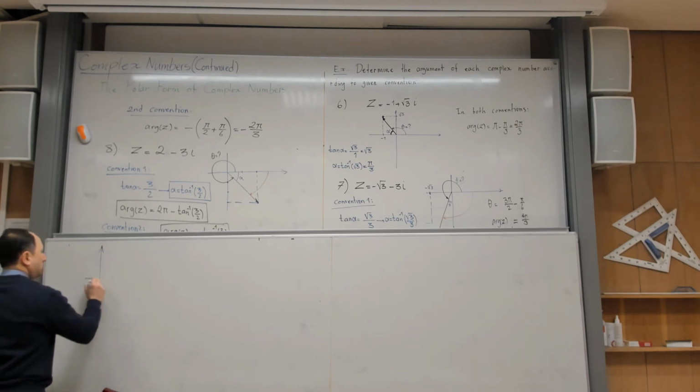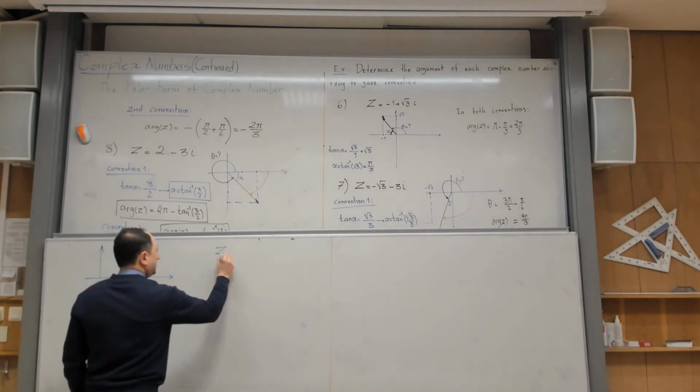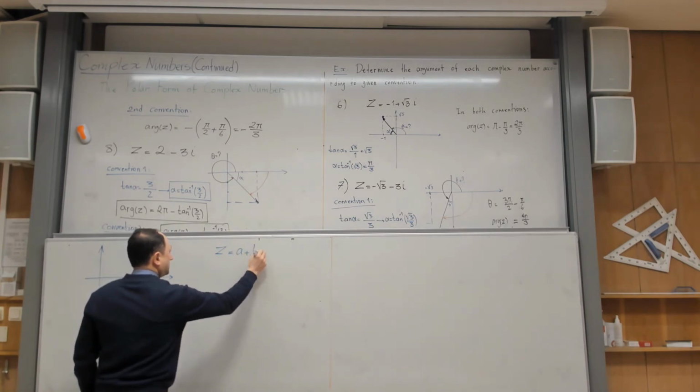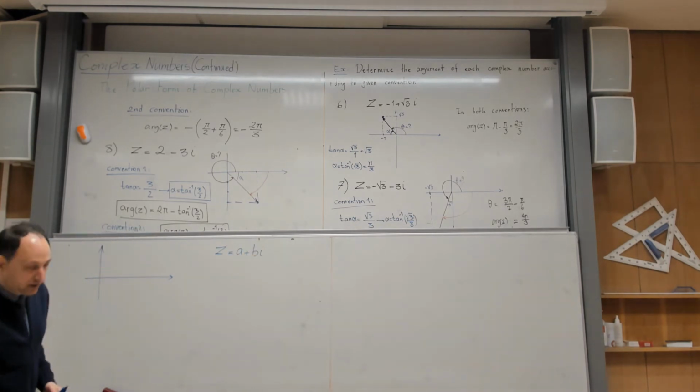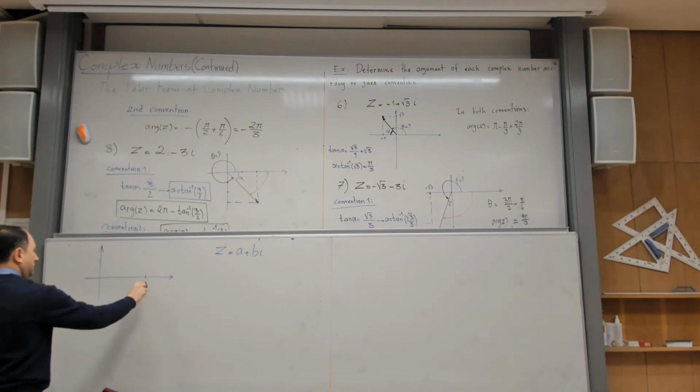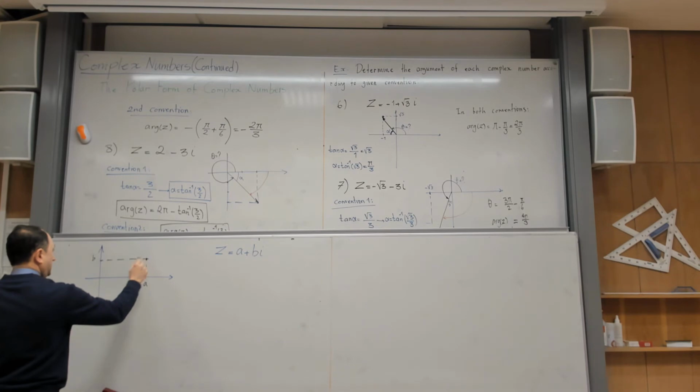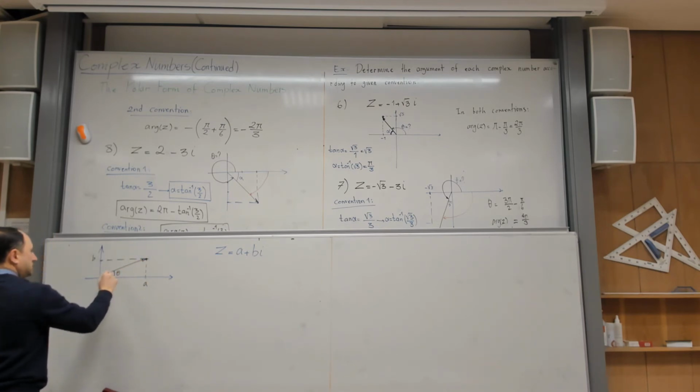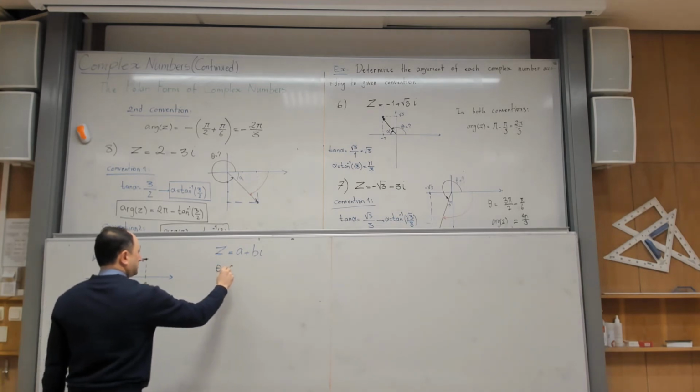If I have a complex number, z equals a plus bi. So for example, let us consider that a and b are positive, so this is a, this is b. And then here I have this vector. And this angle theta is the argument of my complex number.